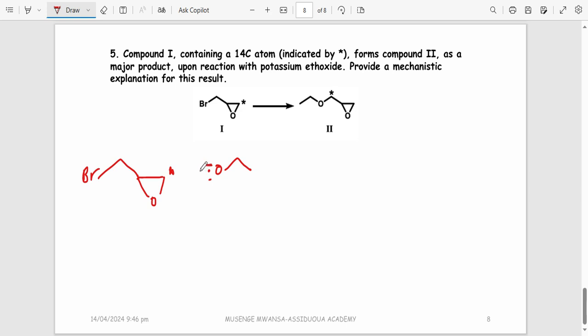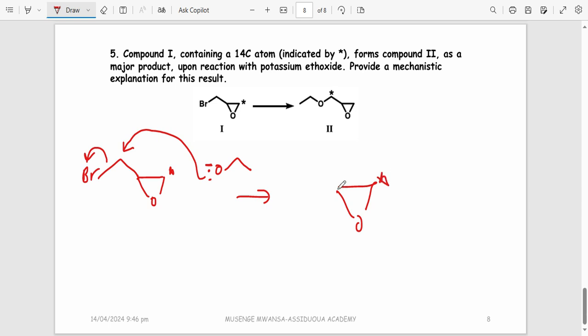What was supposed to happen is that we want the leaving group to go. So this could have attacked here and caused this group to leave, like that, and the product that would have formed would have been this.